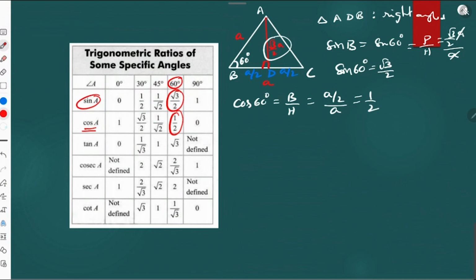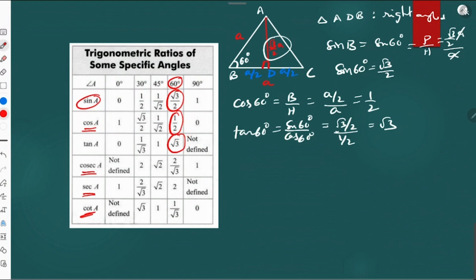And if you divide sin theta by cos theta, that is tan 60. Tan 60 is sin 60 by cos 60, so root 3 by 2 divided by 1 by 2. So it will be root 3. That is, tan 60 is root 3. And the remaining three are just reciprocals of these three values.